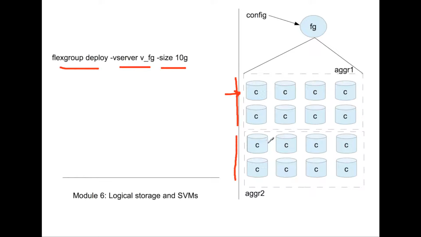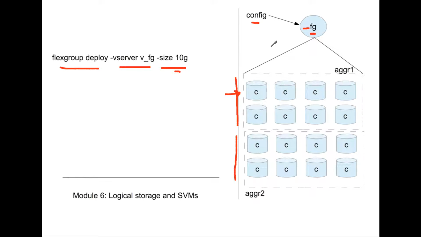Now this FG stuff on top here is the actual volume name. So you create the volume, and if you don't specify a name, it will by default start with FG. So it will tell you that there's a volume called FG, and this volume will have a number of constituents on which you can place the data. This is not an actual volume on disk, this FG. It is in the configuration of the cluster.